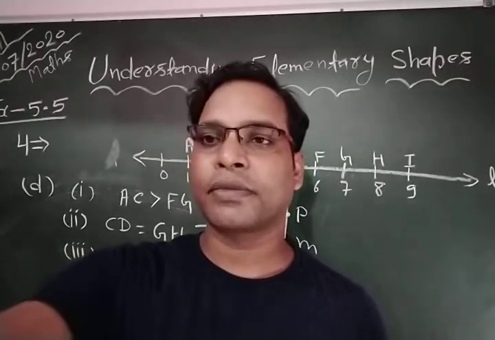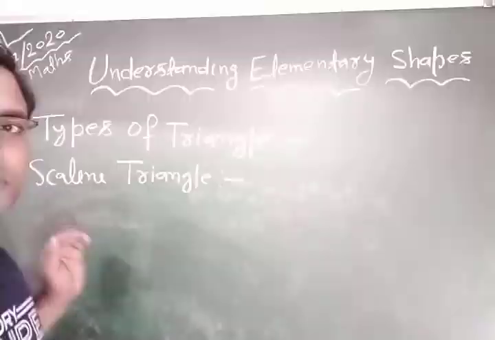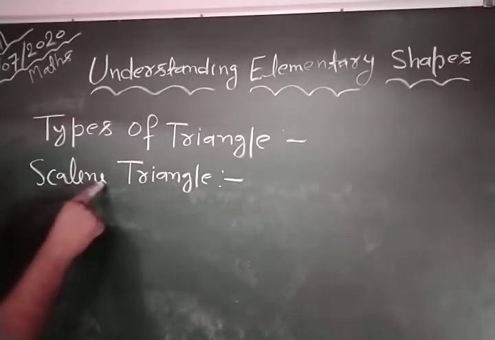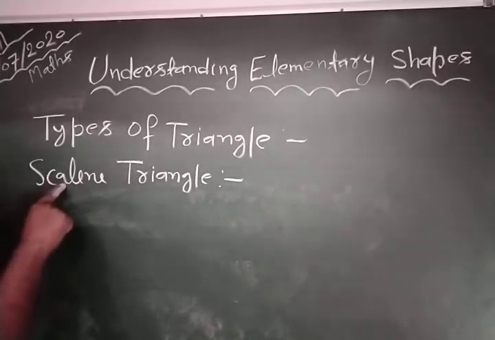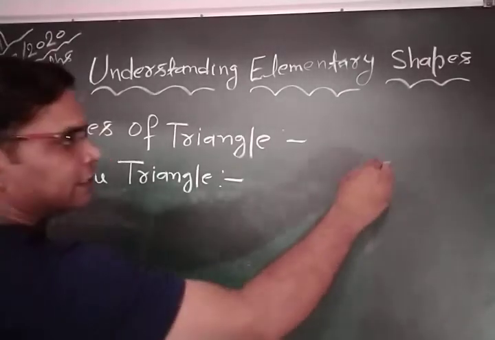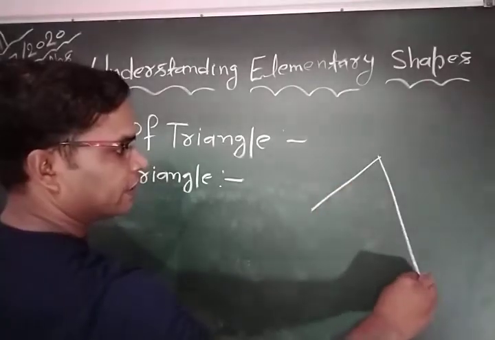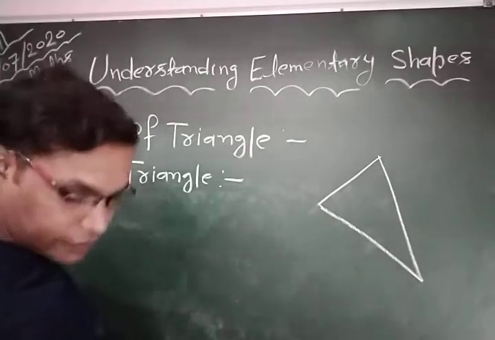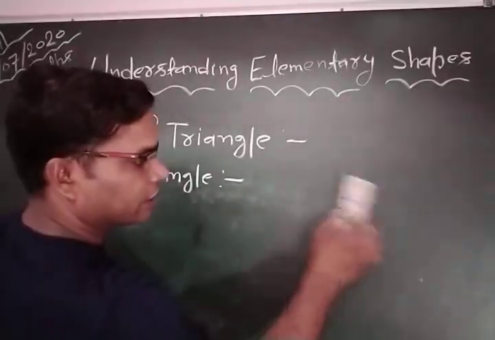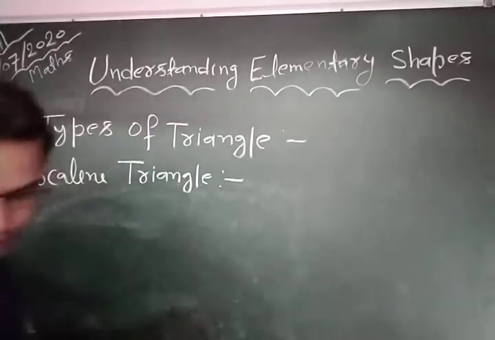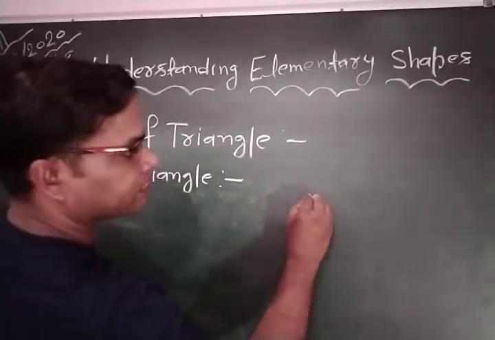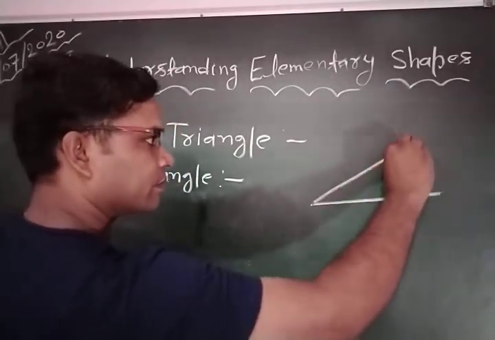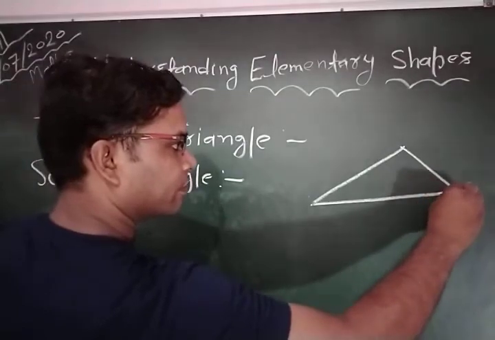So let's see the figure of each type of triangle. Types of triangle on the basis of sides. First is the scalene triangle. In this triangle, no side is equal. The figure looks like this.